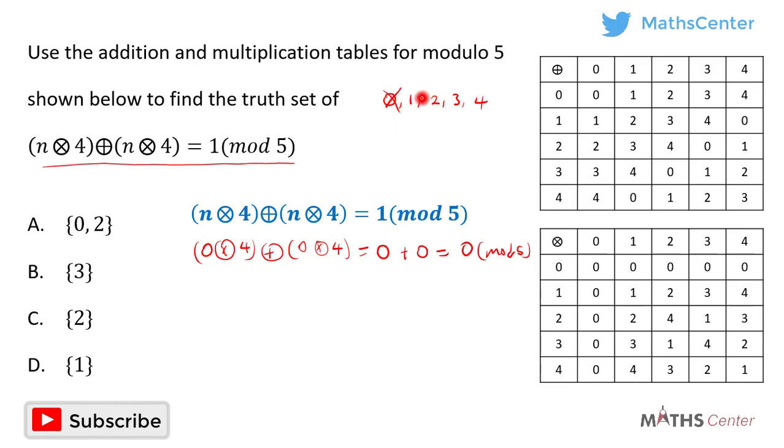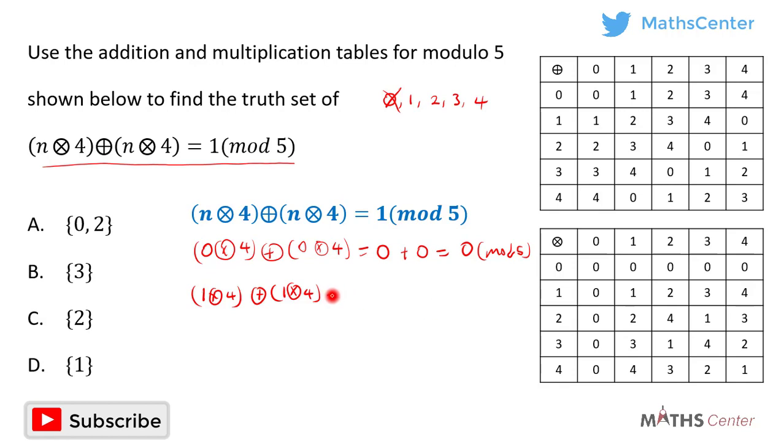Let's go on to the next one, which is 1. So we will put n is equal to 1 into the equation. When we do that, we will have 1 times 4 plus 1 times 4. So we will come to the multiplication table. 1 times 4 will give us 4.